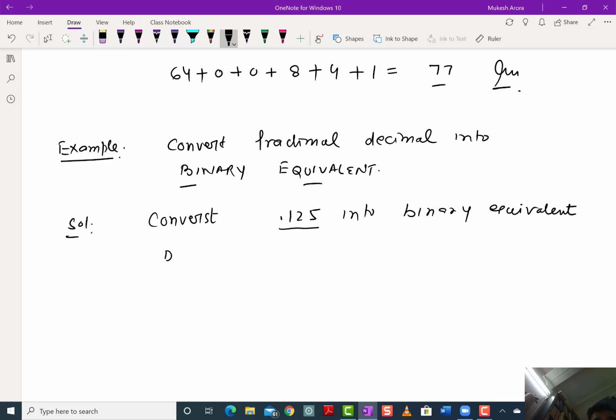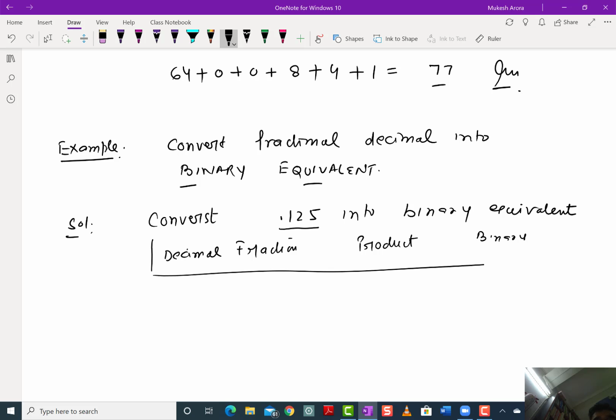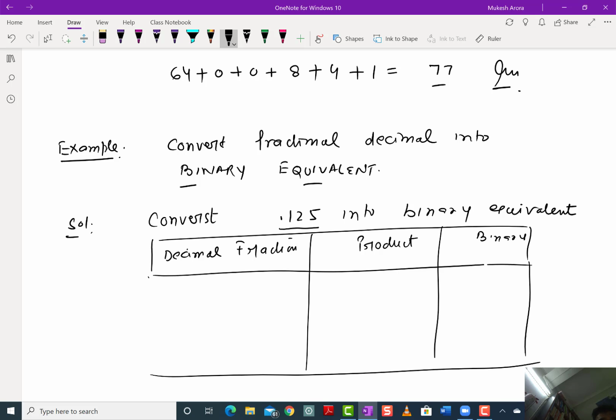So first of all we write the decimal fraction, then we write the product, and then we write the binary. As we know that in binary the base is 2, so we'll go by that. 0.125 multiplied by 2 will be 0.250. So binary is 0.